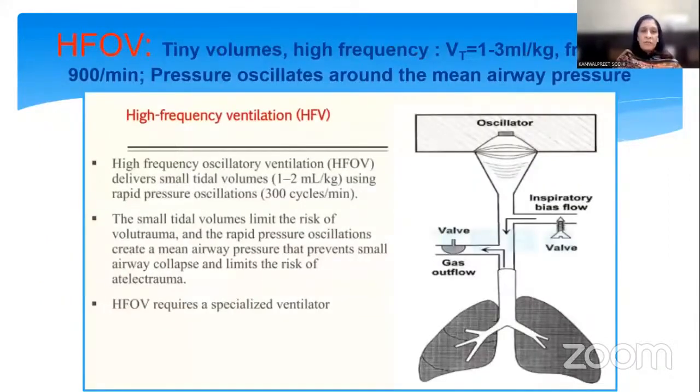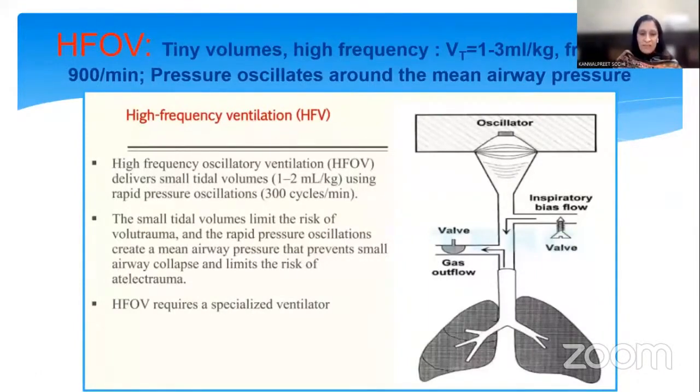High frequency oscillatory ventilation. Herein we are ventilating at high frequencies of around 300 to 900 per minute with tiny volumes, around 1 to 3 mL per kg. The small tidal volumes limit the risk of volutrauma, and the rapid pressure oscillations create a mean airway pressure that prevents small airway collapse and limits the risk of atelectrauma.